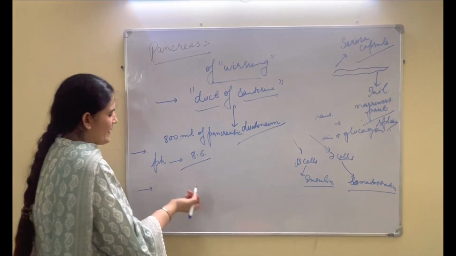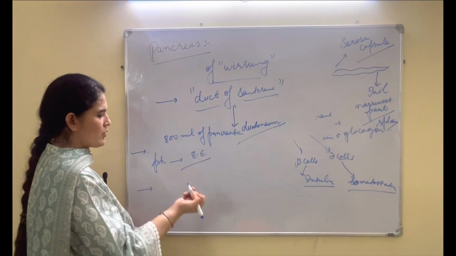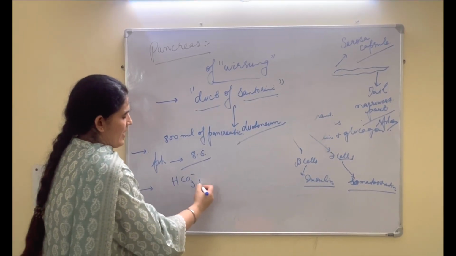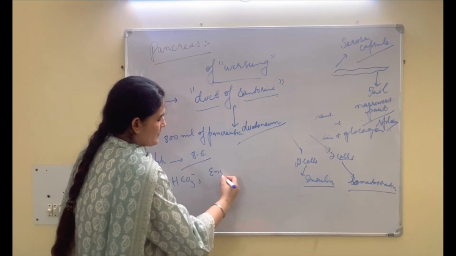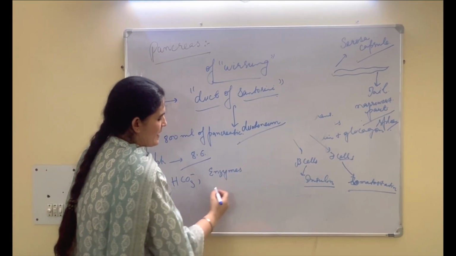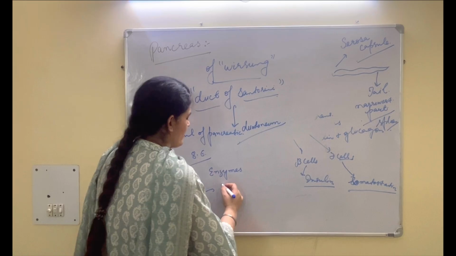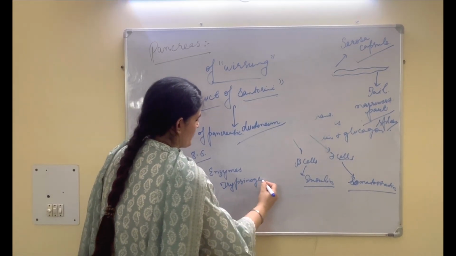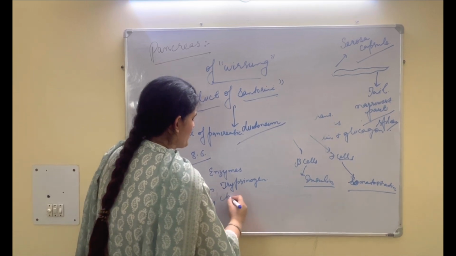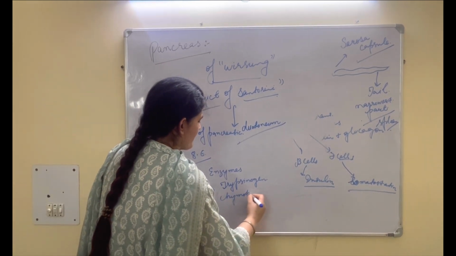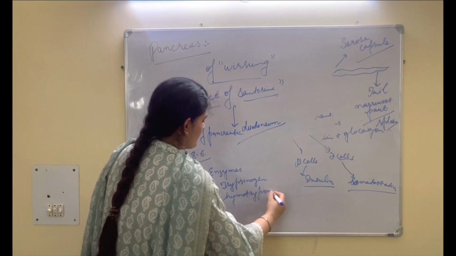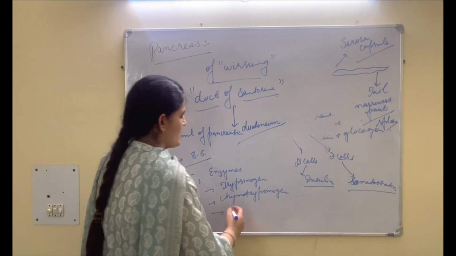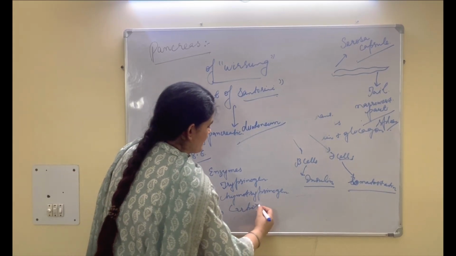And next we have the pancreatic juice composition. What is the composition of this? It contains bicarbonate ions and some enzymes, which are trypsinogen, chymotrypsinogen, and the last one, carboxypeptidase.